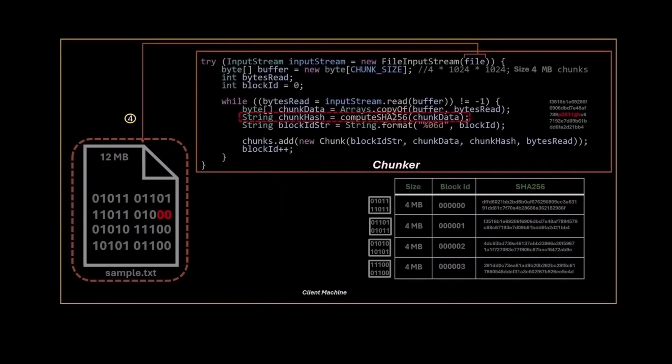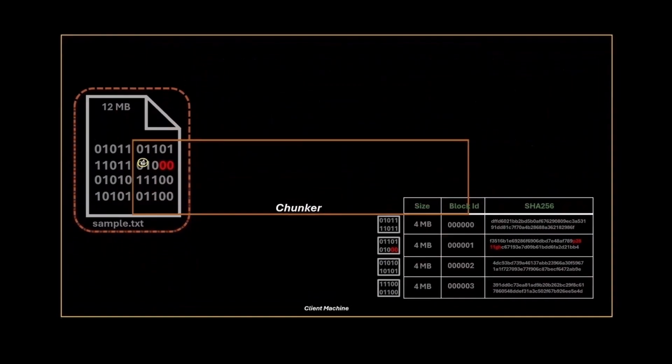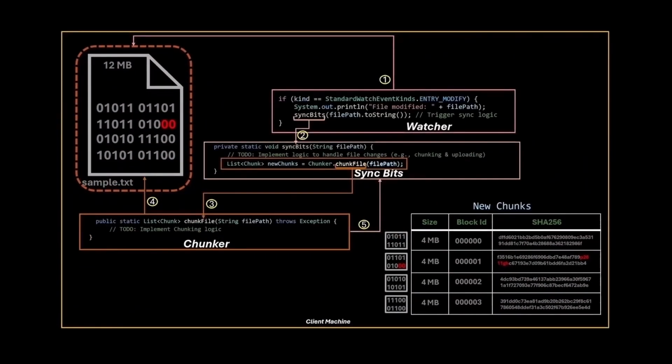If you look closely, we can see that there is a binary change in the sample.txt, and the block ID 001 has been changed. The binary of that block ID 001 is changed to 11200, and the calculated SHA-256 is also changed. The change has been highlighted with red color characters. And this is the list of new chunks created by the chunker service.